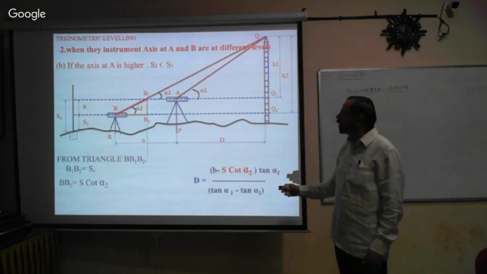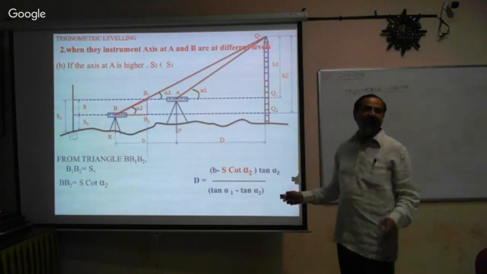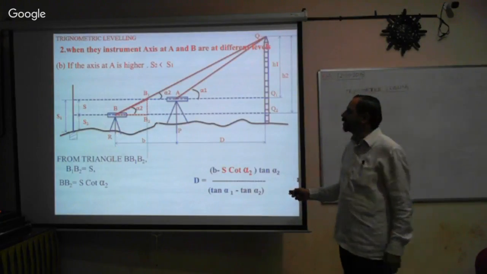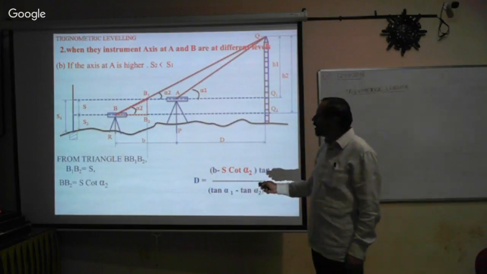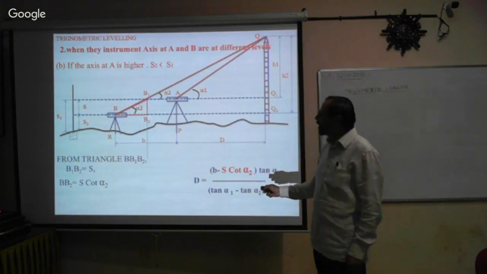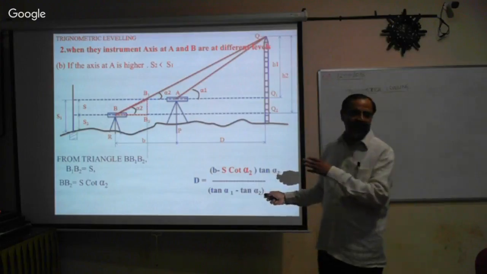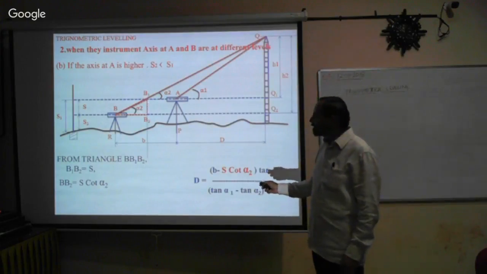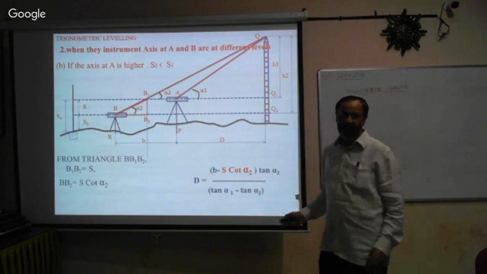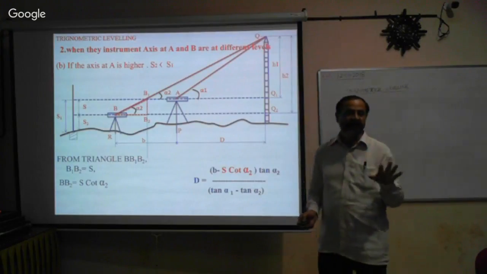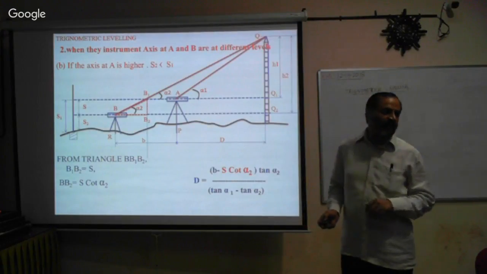What is B1B2? That is S1 minus S2, the difference between the two staff readings. Alpha 2 is known and this distance is known. Now let us calculate this BB2. Solve the triangle: alpha 2 is known, S is known, so this distance is equal to S cot alpha 2.